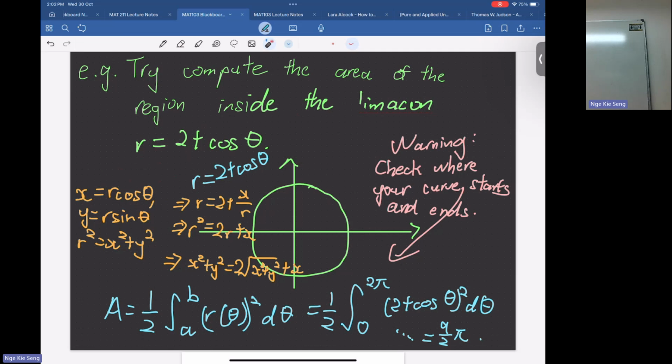So you should compare which one is easier to compute to this 9 over 2 pi. Okay, does it make sense? Any question? So I'll pull out the solutions.